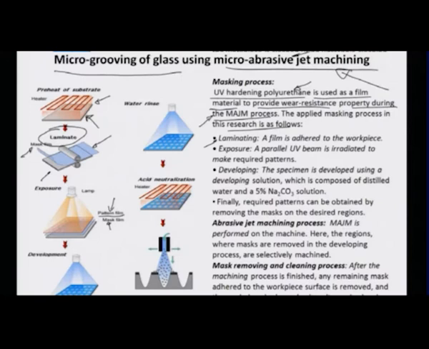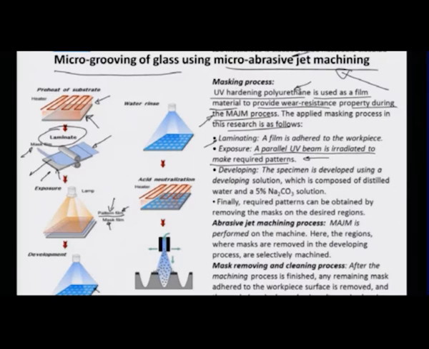What it ensures is that because of this lamination, there is a perfect alignment between the mask film and the surface on the top of it. Essentially a parallel UV beam is irradiated over the pattern film to make an identical kind of feature exposed on the mask film, which is underneath it.